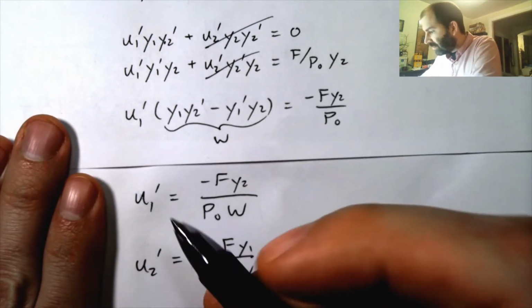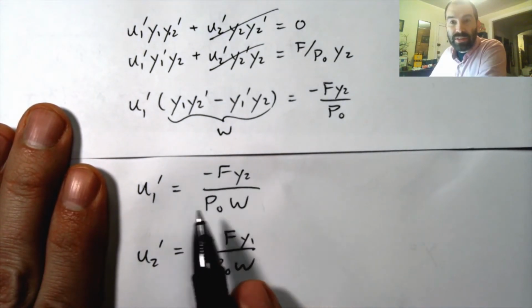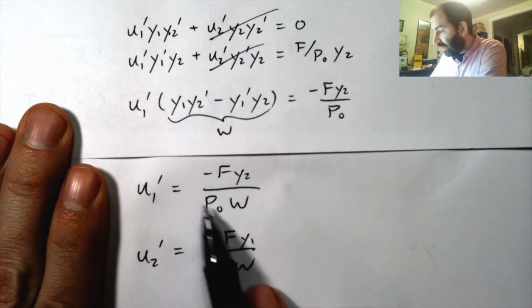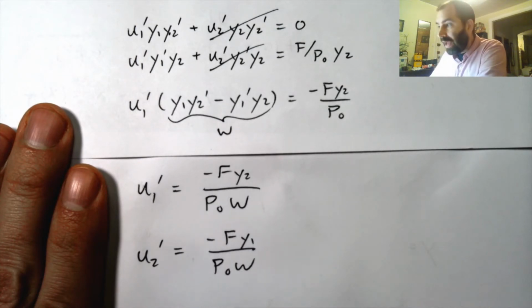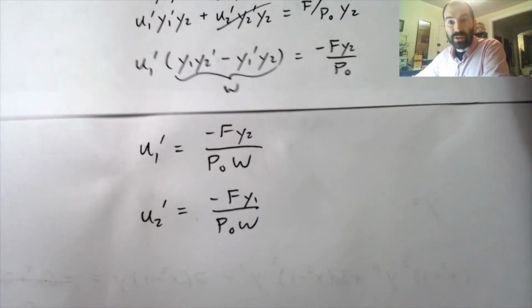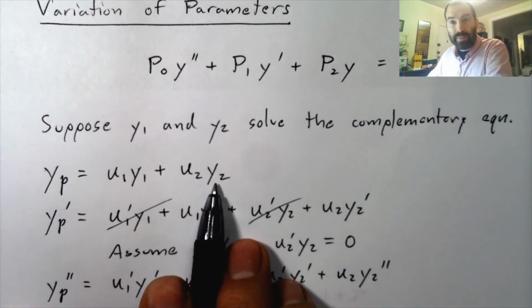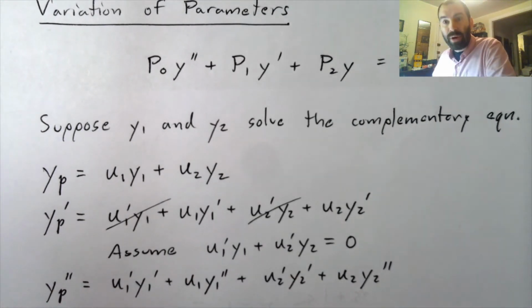So we got an equation for u1, an equation for u2, and you can solve these, right, by just anti-differentiating the right-hand side. And so we can find u1 and u2, which will give us our particular solution, all right? And that's what we're after, okay? So let's do an example problem, okay?